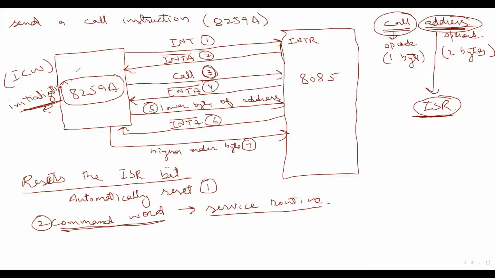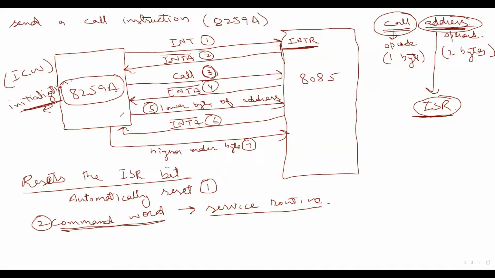So here I have shown you how this can be used to receive multiple interrupts, 8 interrupts, but our microprocessor can be made to work using a single INTR pin. This single INTR pin can now respond to 8 different interrupt requests with the help of this 8259A programmable device.